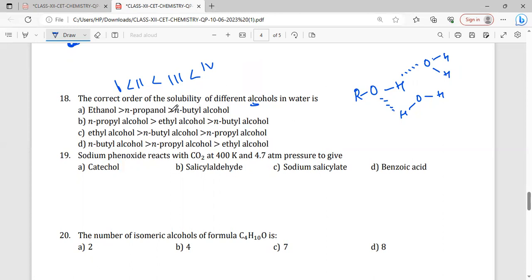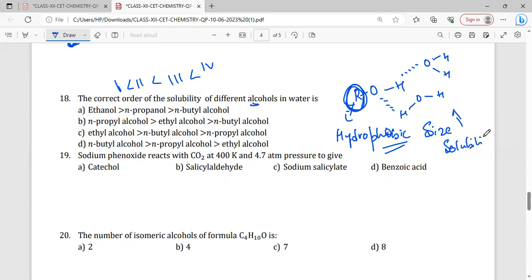Now, this R part, your alkyl or aryl part in the alcohol, is hydrophobic. That means it does not like water. So when I increase the size of this R part, your solubility will decrease, right? Solubility will decrease.